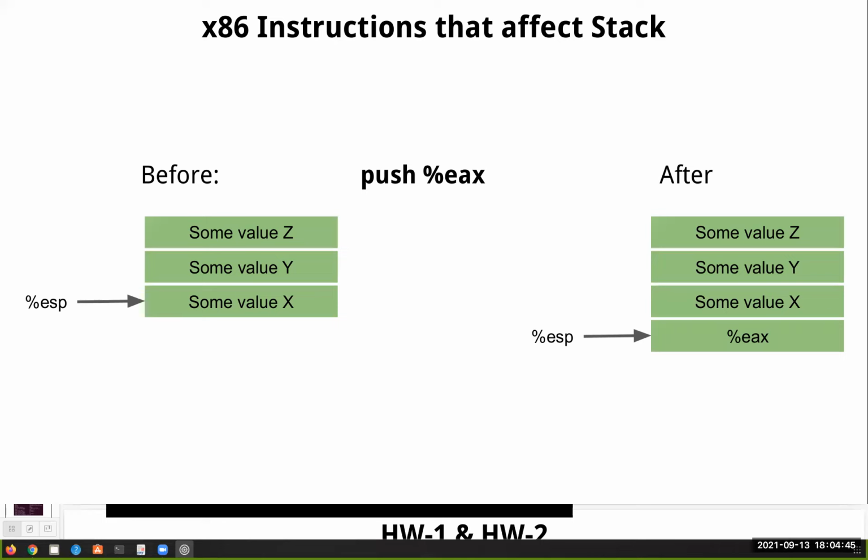Right now, for the ESP, obviously this can be extended to the 64-bit version. Everything will be the same, except for the size of the registers and also the size of the data. So here, usually everything is 4 bytes. For 64 bits, obviously just 8 bytes. So ESP points to this value X on the stack.